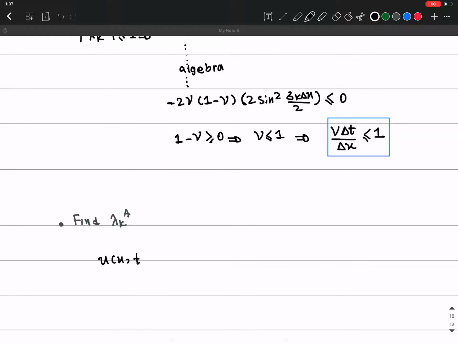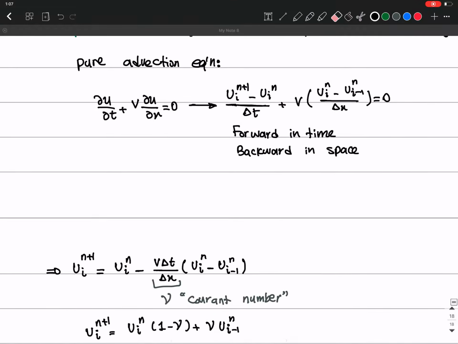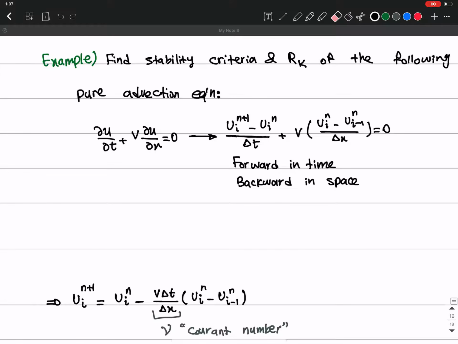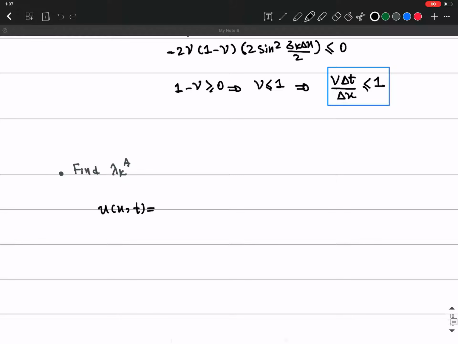So for the analytical solution, we can represent u as a function of a Fourier series, omega k(t) e to the I sigma k x. So partial u over partial t plus v partial u over partial x equals 0.